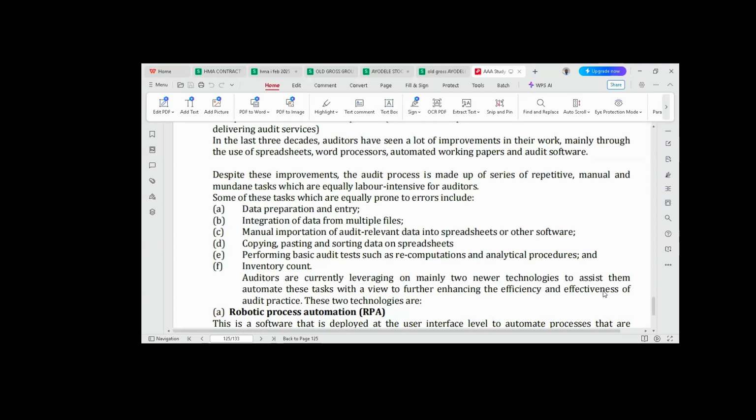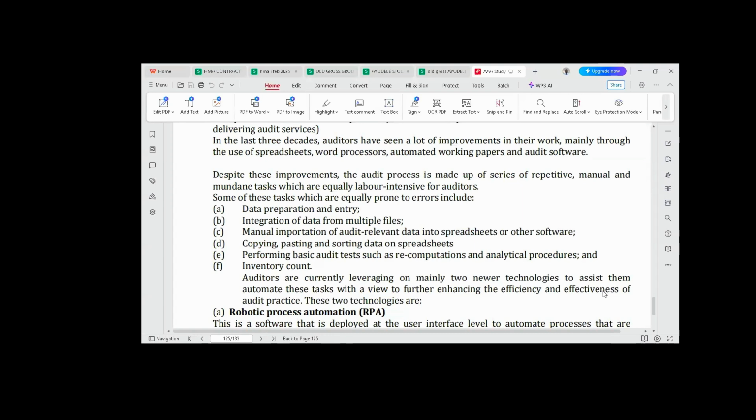Rather than the auditor spending quality time on those repetitive tasks, they can be handled by an automation process, so that the auditor can focus on more important aspects of the audit, rather than on those rudimentary areas. So you hand those over to the automation process, and later we focus on the key strategic areas.